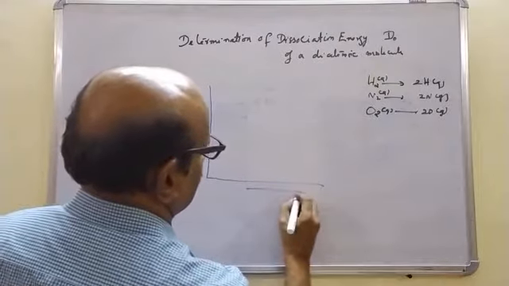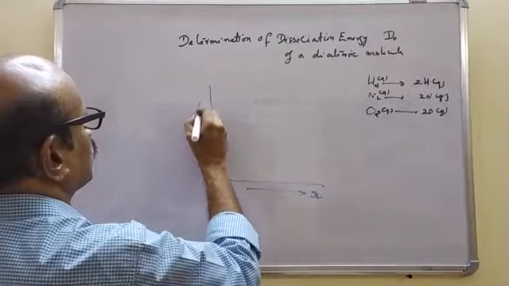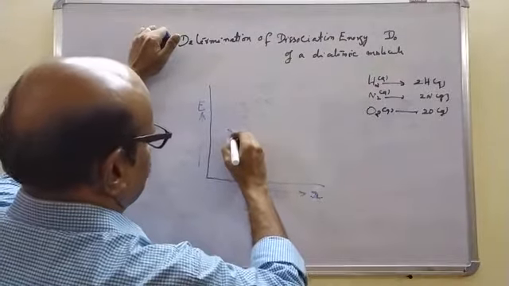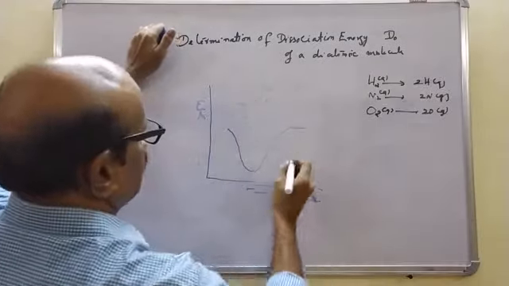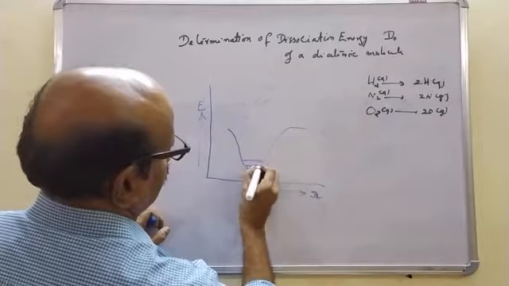This is the internuclear distance R, and this is the potential energy E. You consider this the ground electronic state.